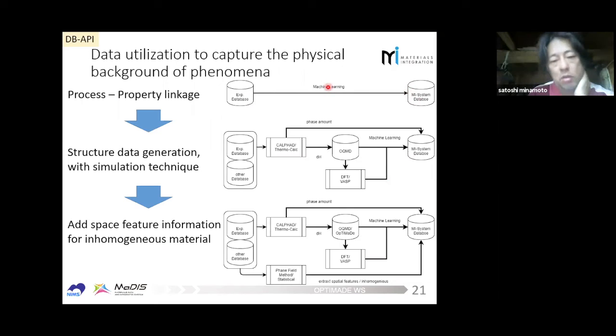However, now we are changing this kind of process data into structured data in order to understand the background of physical meanings. Okay, and in the future, we are thinking to add spatial features information based on, for example, image analysis, phase field simulation, diffusion-controlled transformation calculation or something like that.